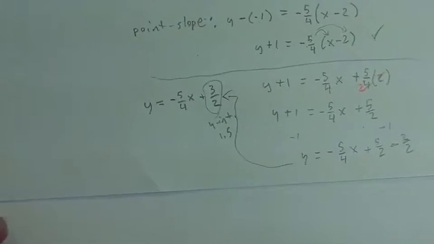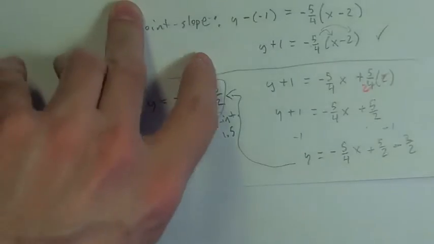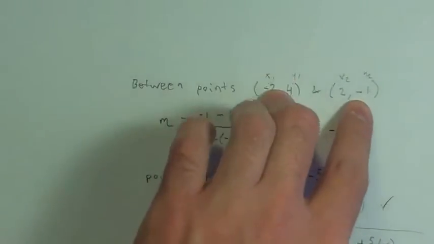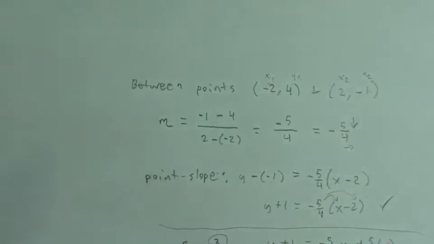Now, let me show you how we can graph this line. Of course, like I said last time, since we have the 2 points, we could just graph a line between the 2 points and be done with it.